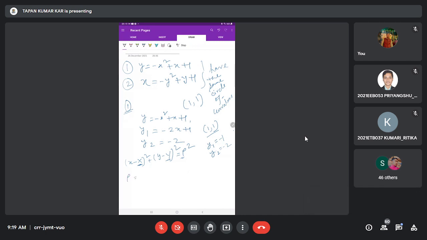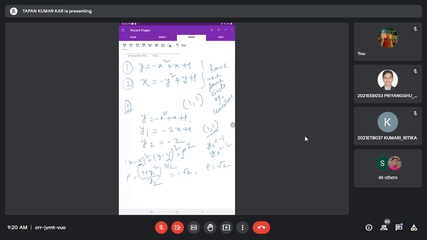Rho equal to (1 plus y1 square) whole to the power 3 by 2, divided by y2. If you substitute, its value is minus root 2, but the radius of curvature cannot be negative because it is a length. So you have to take the radius of curvature as root 2.